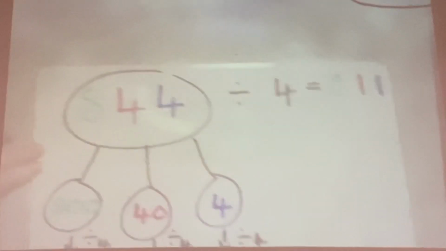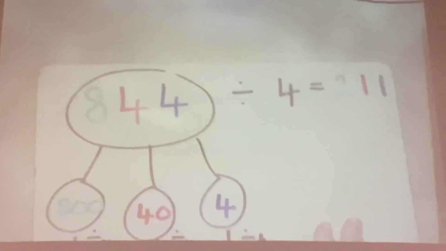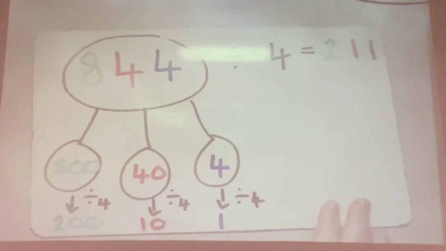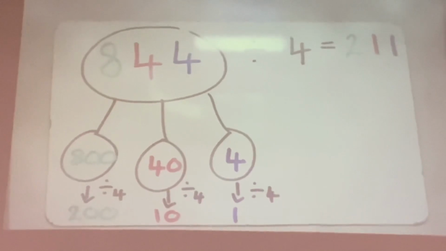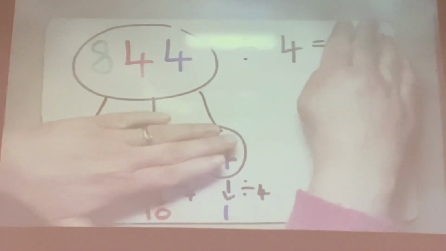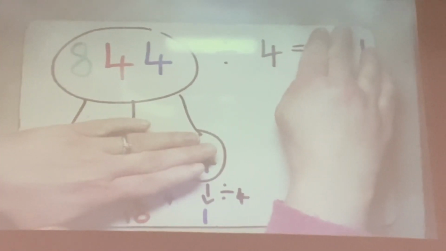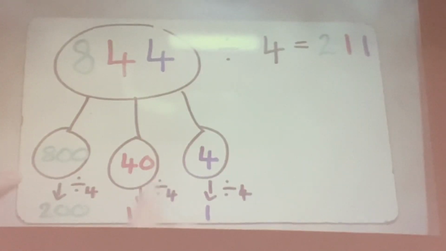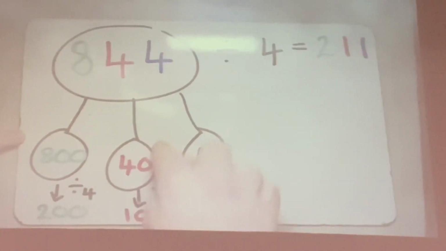Yeah. Just as Mrs. Hindle was saying earlier, sometimes it is represented slightly differently, so that they see it a different way. This is a part-whole model, and we've partitioned it. The original question is 844 divided by 4. So they know how to partition 844.